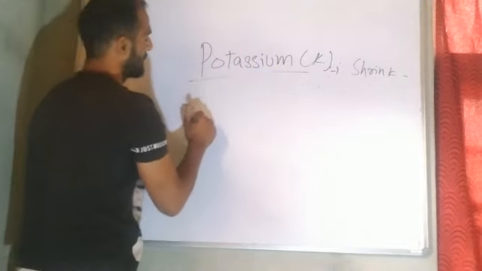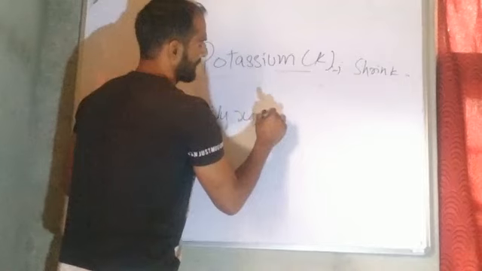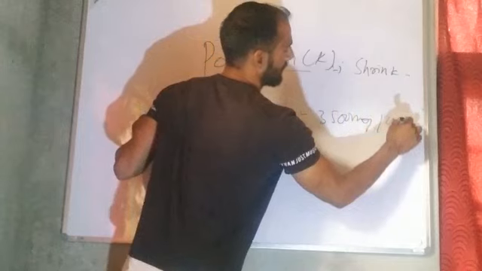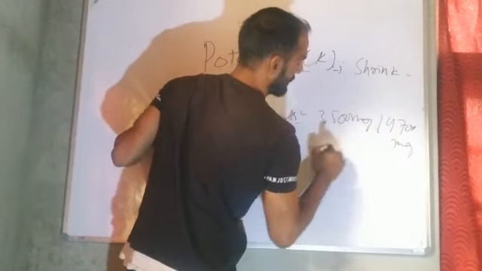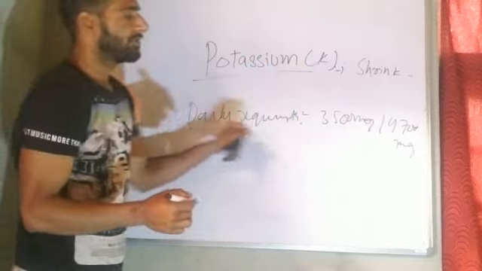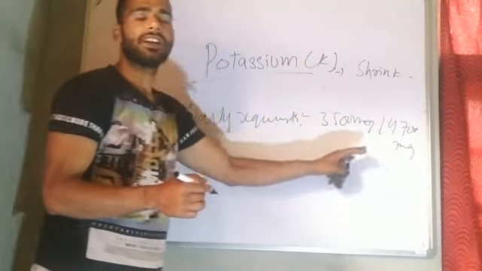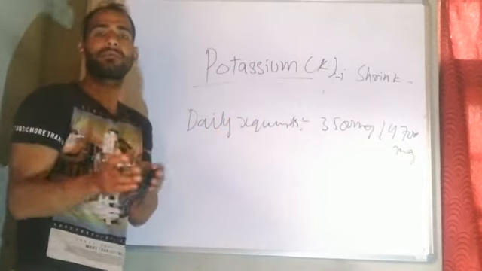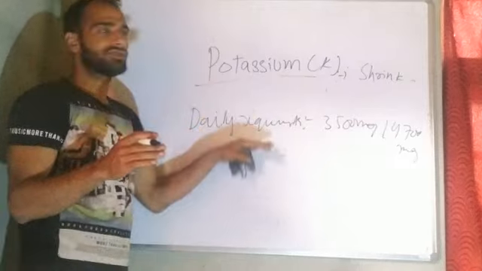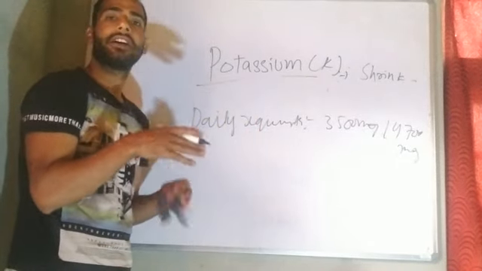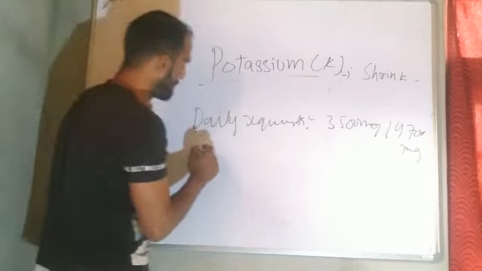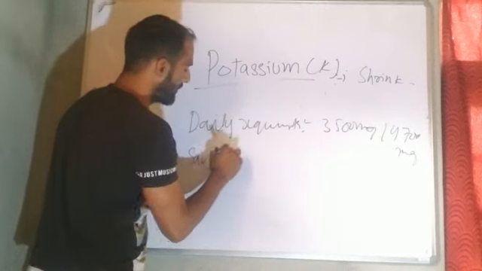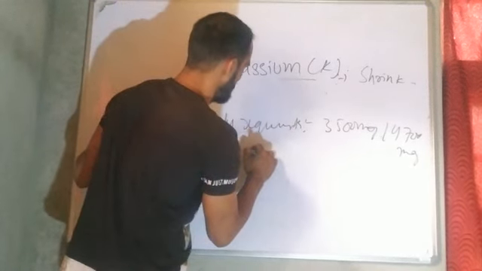So iske alawa, if we talk about daily requirements, 3500 mg to 4700 mg is required per day for a normal human being, and usually our diet is sufficient to provide this. Since potassium is not produced in our body, it has to be essentially supplied with our food.